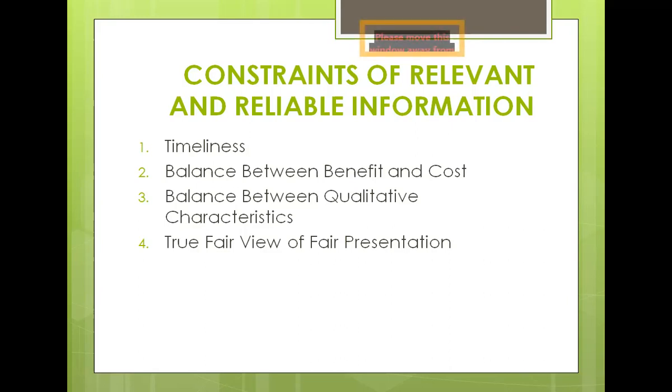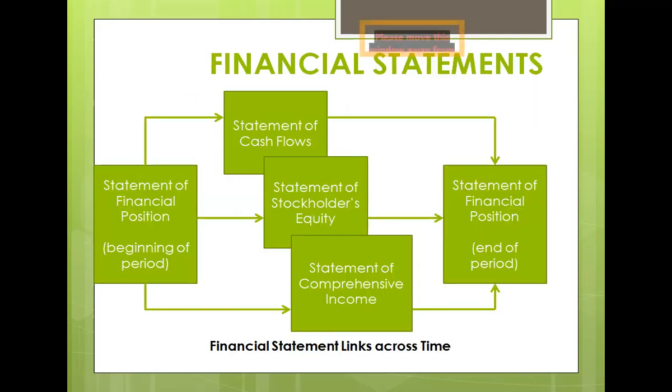Although this framework does not deal directly with such concepts, the application of the principal qualitative characteristics and of appropriate accounting standards normally results in financial statements that convey what is generally understood as a true and fair view of such information. So these are the four constraints of relevant and reliable information.